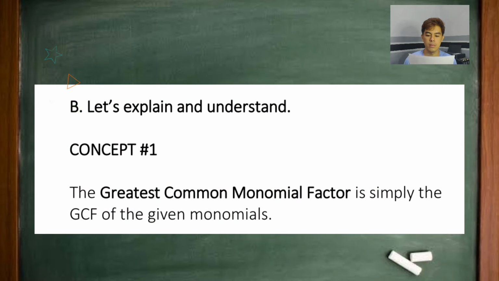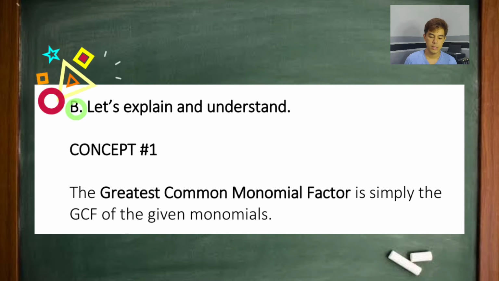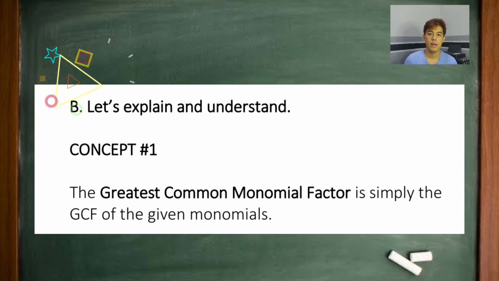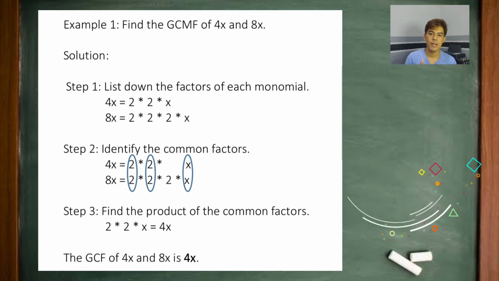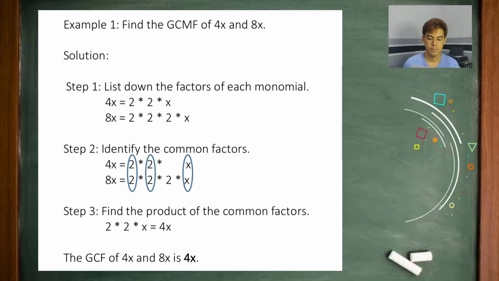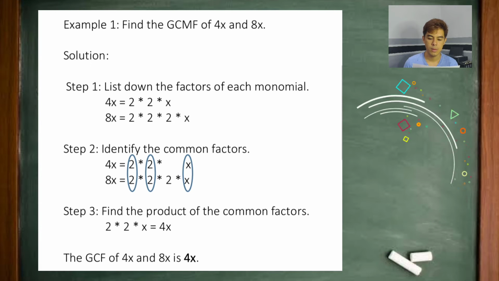Now let's have the first concept of week 1. The greatest common monomial factor. It is simply the GCF of the given monomials. Let us understand the concept using examples. Number 1, find the GCMF of 4x and 8x.